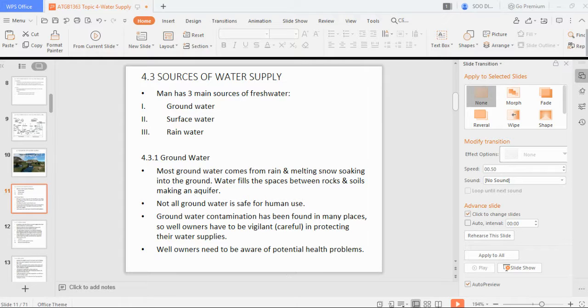So we have a very rough layer, and then a lot of different layers here, then more fine layers. This is to filter all the unwanted particles of mineral from the water. This is just a very crude example on this picture of how we filter our water.